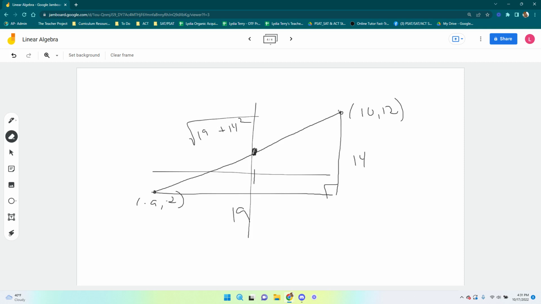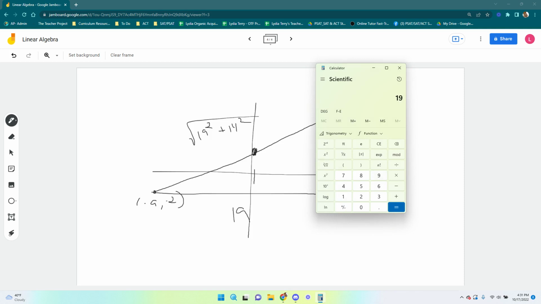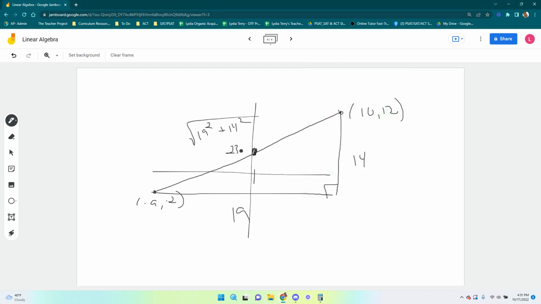Whatever that is. 23-ish, 24-ish. 23.6. That tracks. That seems like that would probably be what it would be. It is, okay? So you're just going to find the average of the 2 points if you need to find the midpoint, and you're just going to do the distance formula if you need.